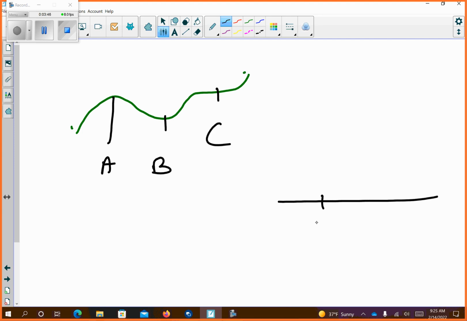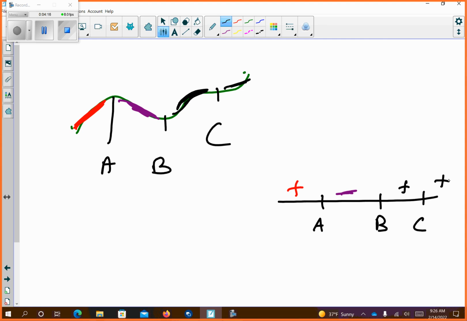The important thing to do is label your A, B, and C on your line, and look at it and say, here this looks like it would be a positive slope. Between here, this looks like a negative slope. And then on point C, and I didn't do it as nicely, this right here has a positive slope, and then here also has a positive slope.